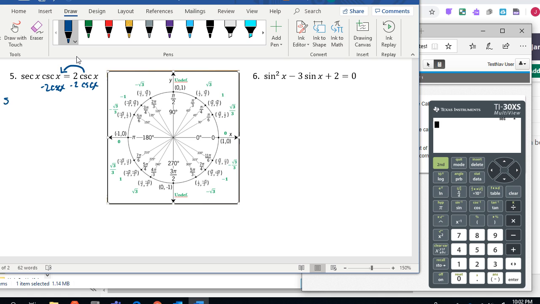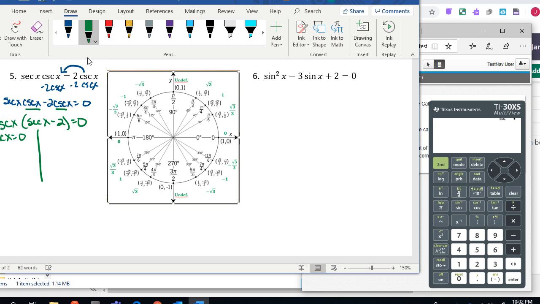All right, so what I'm left with is secant x cosecant x minus 2 cosecant x equals 0. Guess what? I have a GCF. Here it is, cosecant. So I'm left with cosecant x times secant x minus 2 equals 0. Let's set both pieces equal to 0.